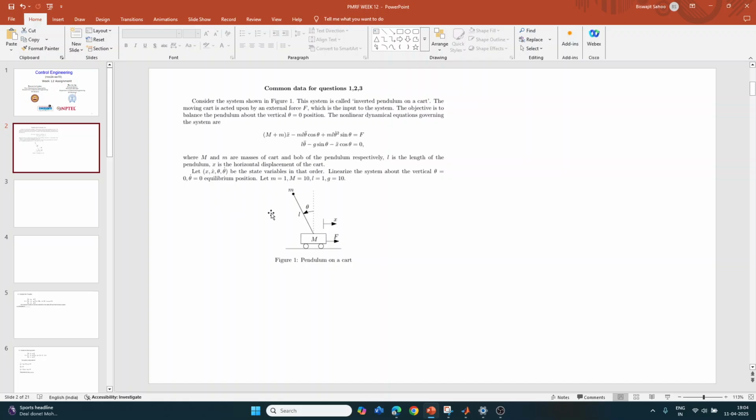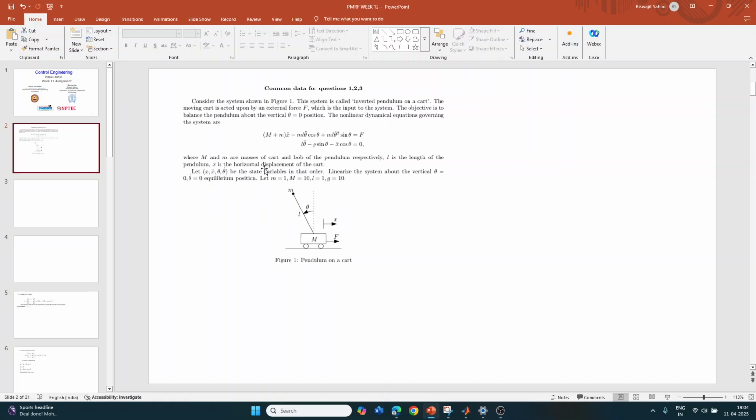Try to read the question and work out what it is asking. I have not written the questions here, I'll write them, but try to understand what the system is, because I took this question from a detailed exam of control engineering, I think 4 or 5 years back.